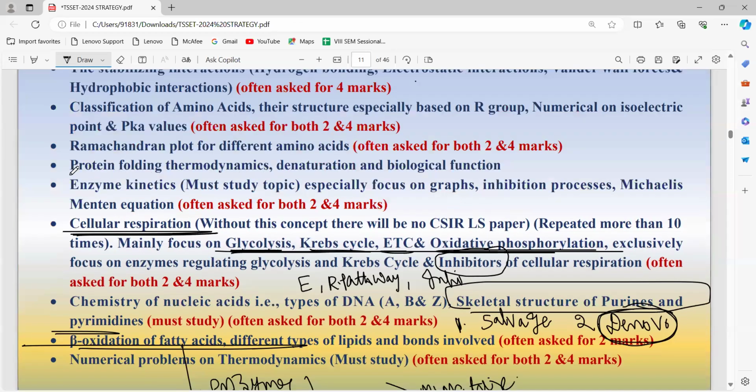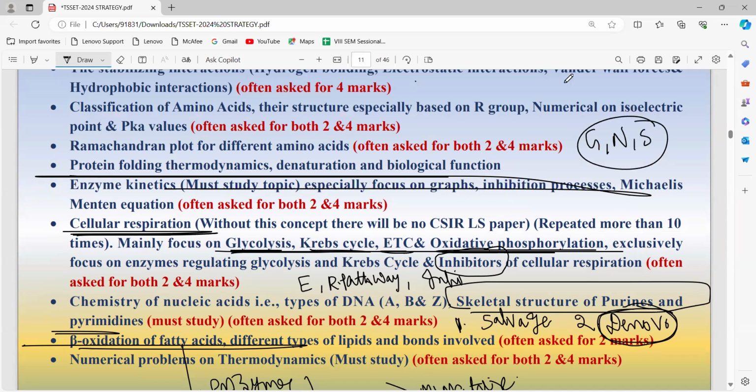Not only that, friends, enzymes and their kinetics are very important. Here you can get graphical questions, numerical questions, and statement-related questions also.